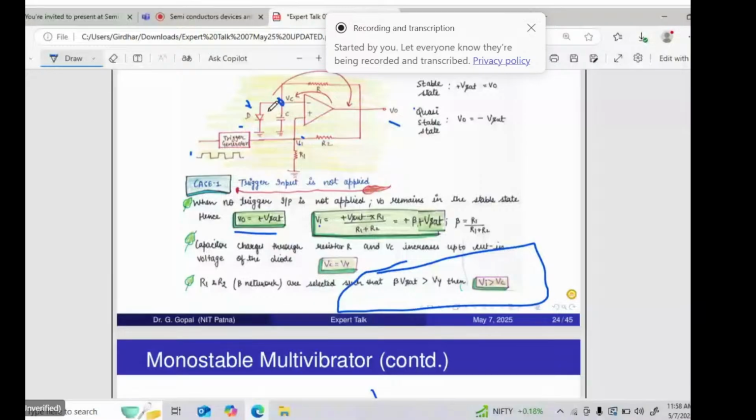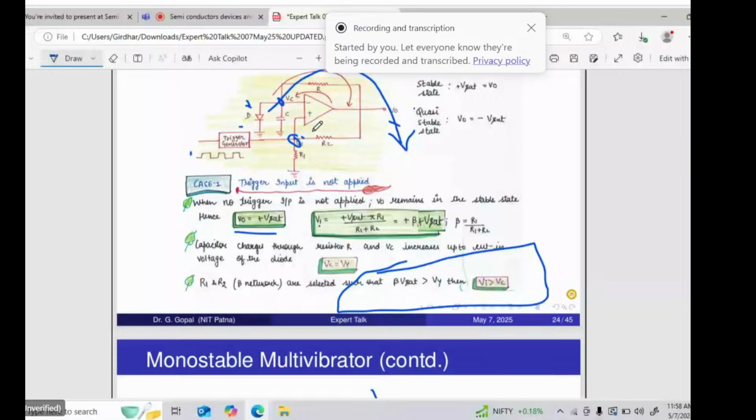The voltage across the capacitor decreases exponentially, up to how much voltage? Now this is very interesting. Charging is to V gamma, but discharging is not to V gamma. Discharging is to this value, minus beta V set. Why is this happening? Because when the capacitor starts discharging, Vc is slightly less than minus beta V set.